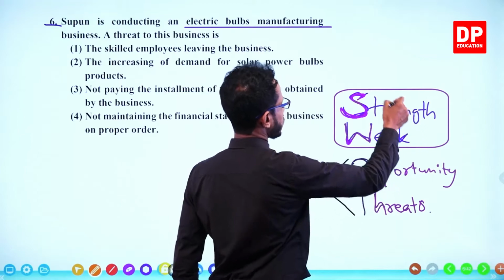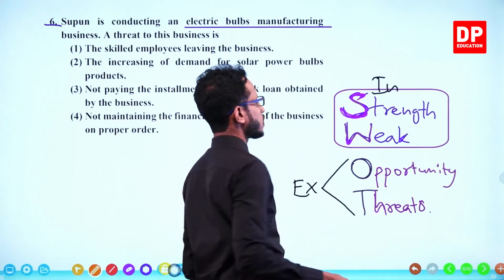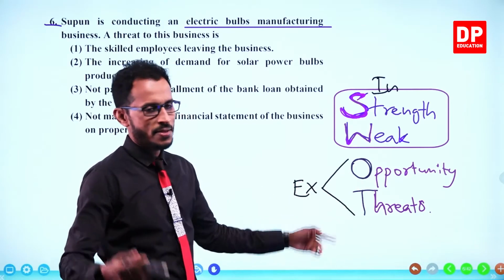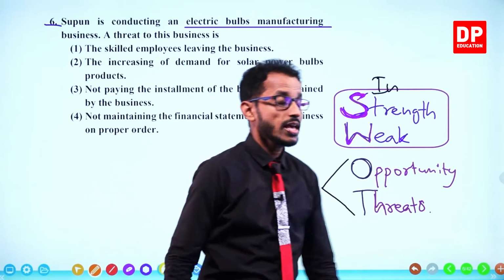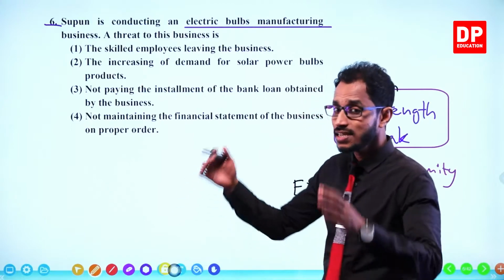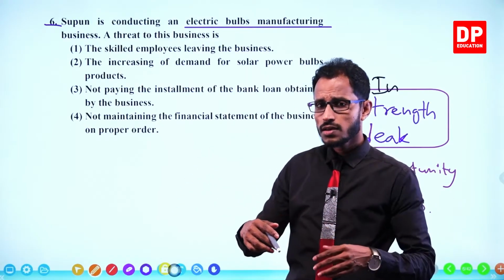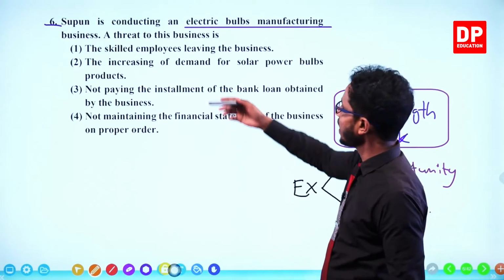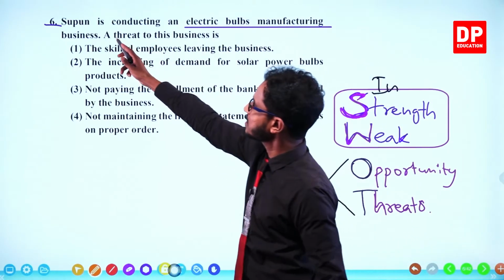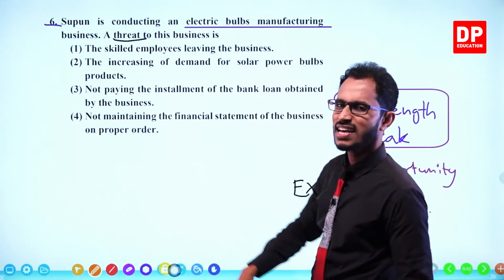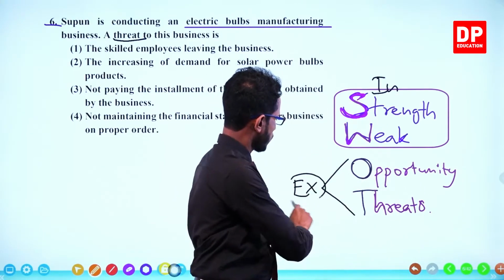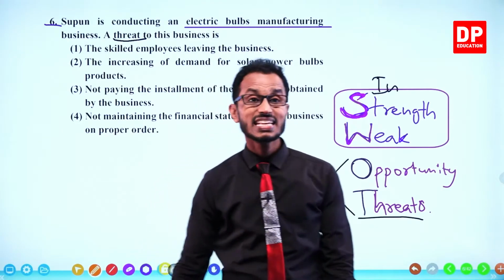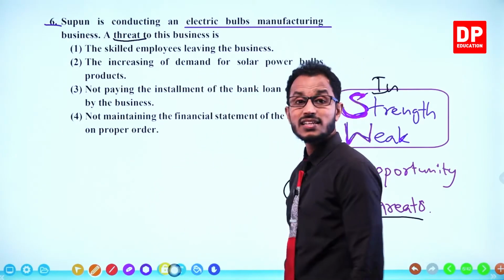These two are internal, inside the business. Opportunities and threats are outside the business. So they are asking for internal or external. Threat is external, external negative factors.